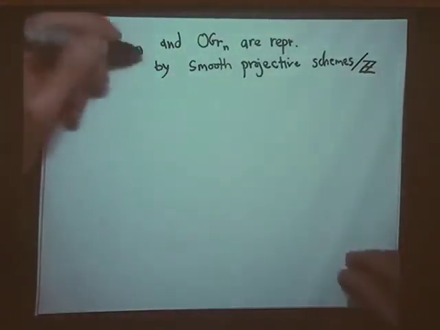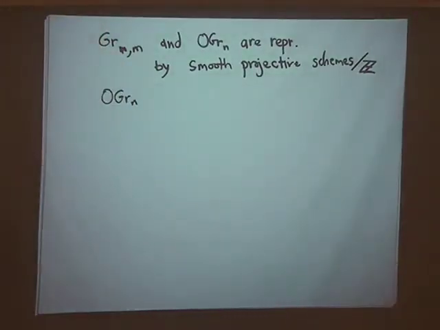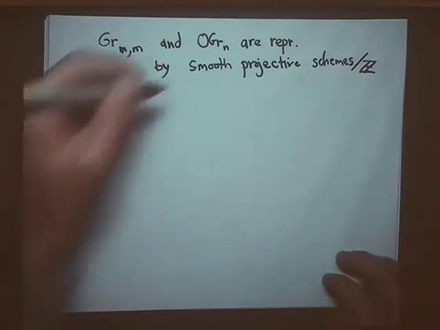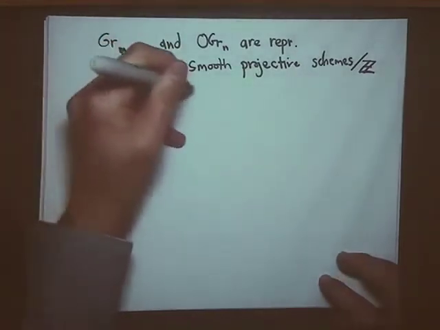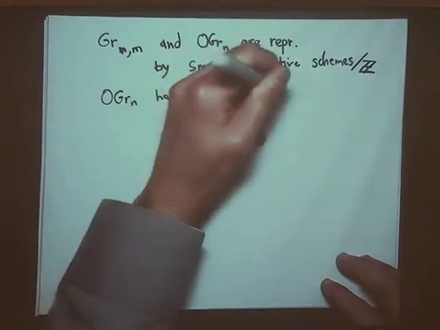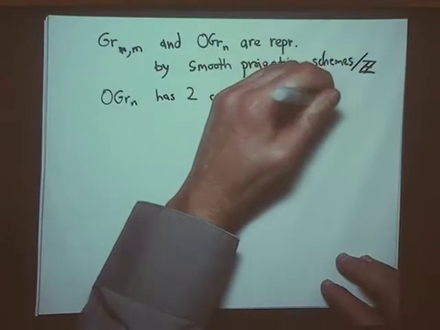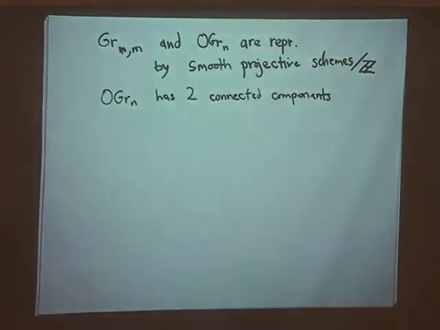And the scheme OGr_n actually has two connected components, as it turns out. So you might be wondering, how can you distinguish the two components? It turns out there are two kinds of maximal isotropic subspaces.